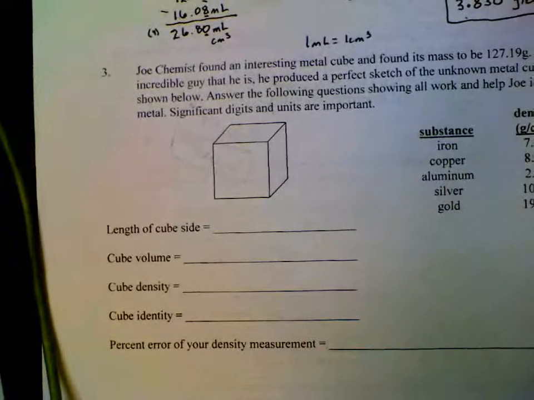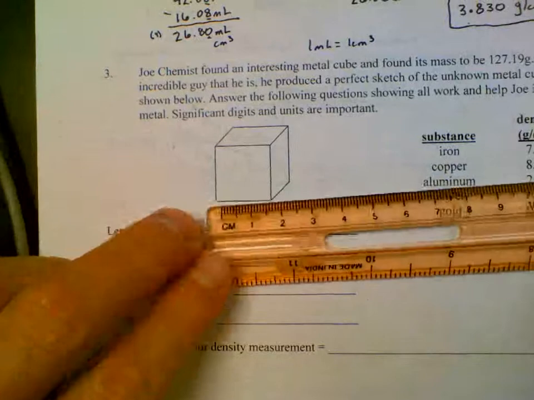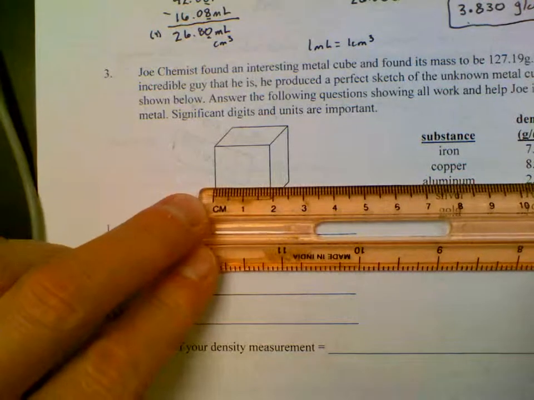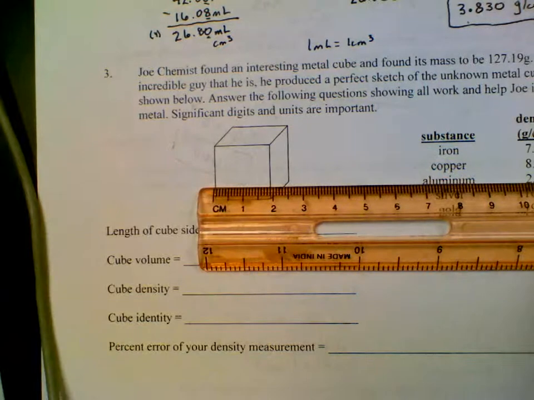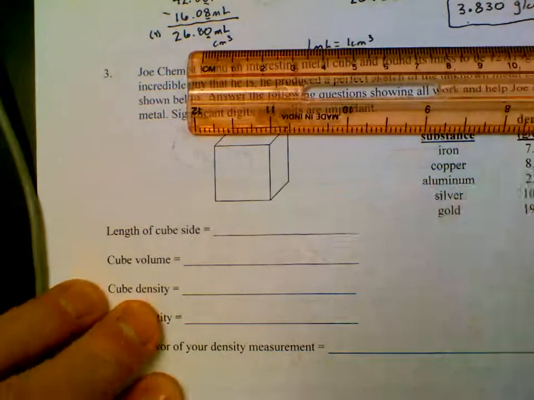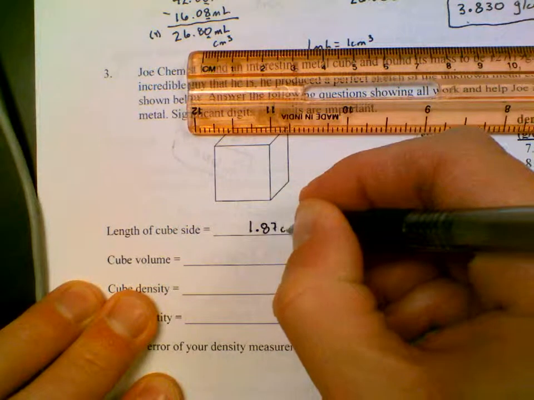Problem number 3 requires that we measure the side of a cube. So you will actually measure this with a ruler, and we want to keep those place values in mind. So putting a ruler and measuring carefully gets you to a value of 1.87 centimeters.